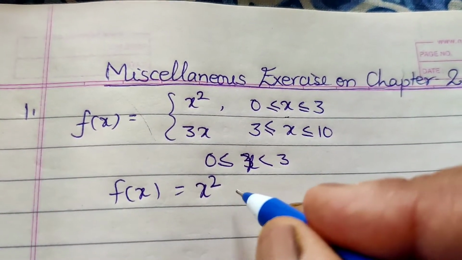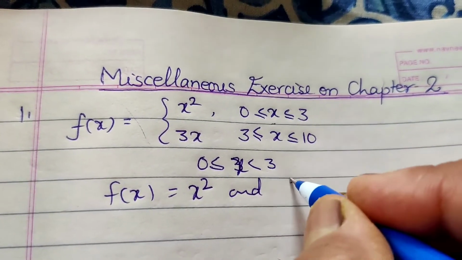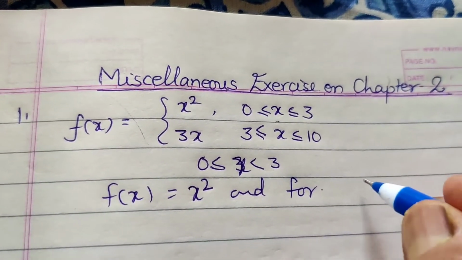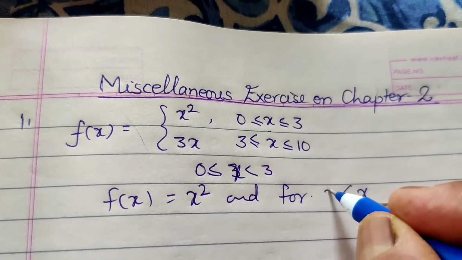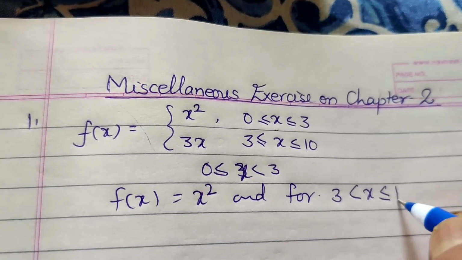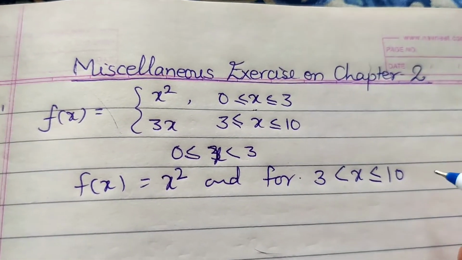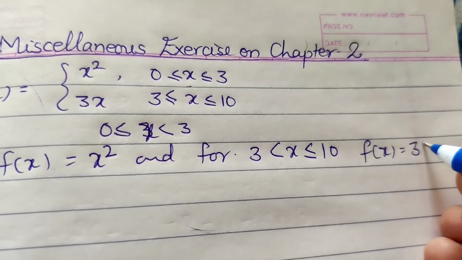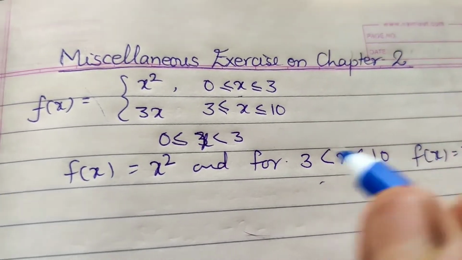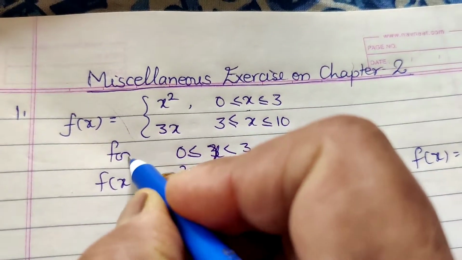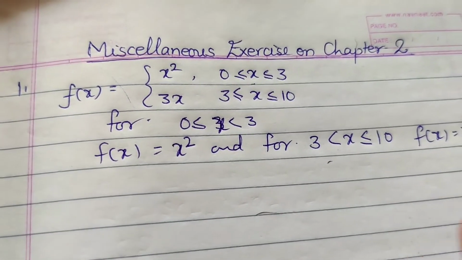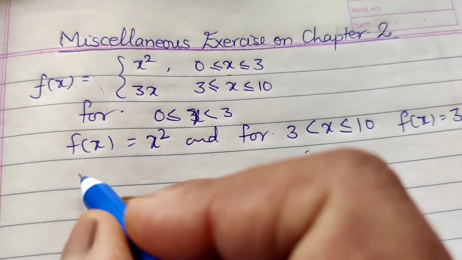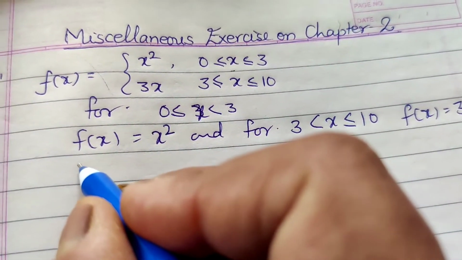And for x greater than 3 but less than or equal to 10, the function is 3x. For 0 to 3 it is x square. So now the function at x equal to 3.